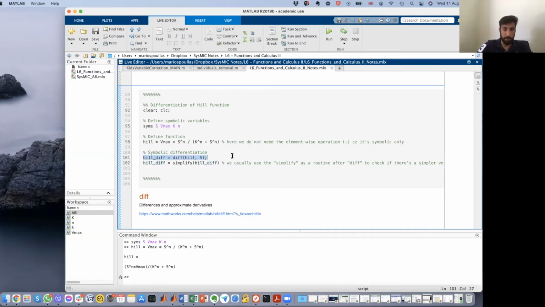So I'm running this part of the code. I always use the simplify function as a routine every time I use the diff function, just to check if there's a simpler version of the equation.